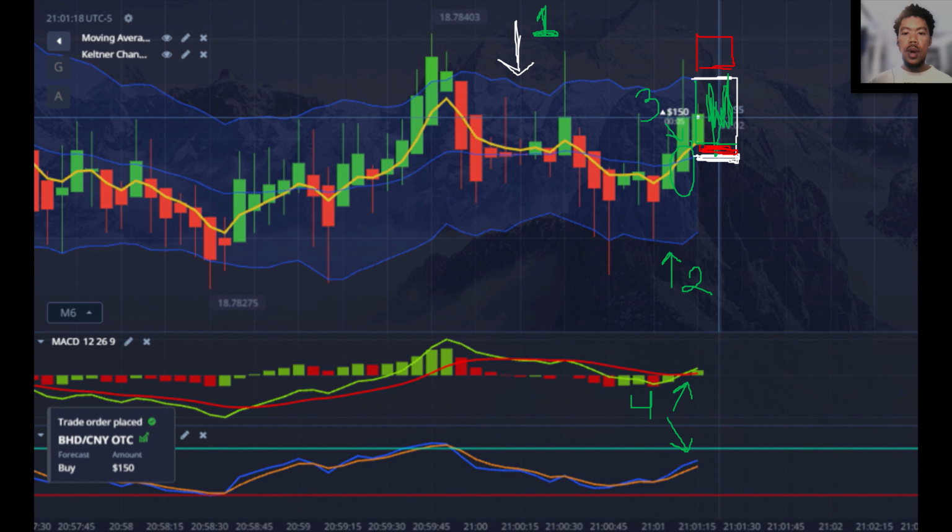Okay. So I have that little gap there personally, because you can trade at this spot if you want to, and it can still work out. It's just, to me personally, I like to be in the channel still. Okay, but if it's a little bit above the channel, that's fine.